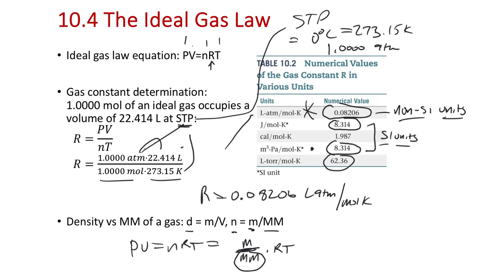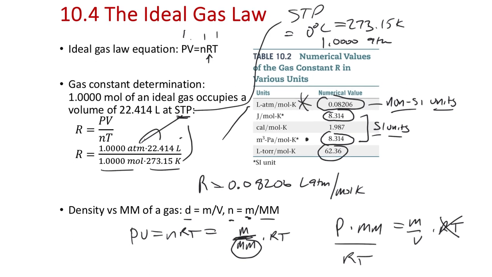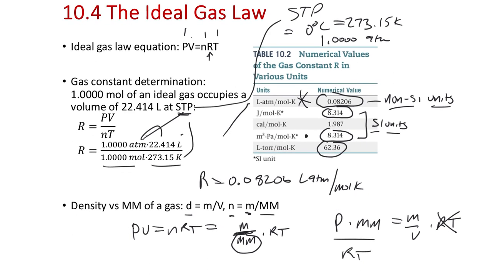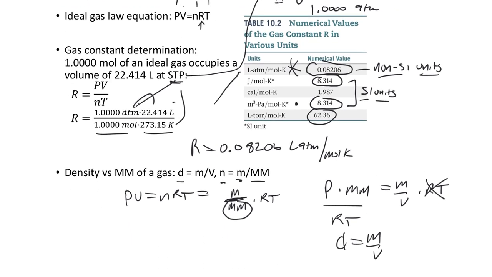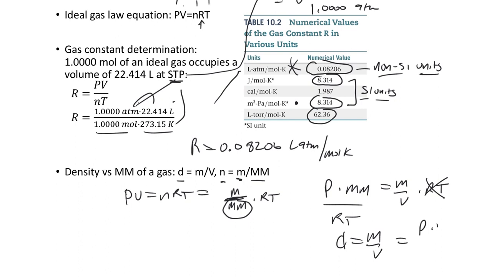If we do some rearranging, we can have pressure times molar mass equal to M over V times RT. I've just divided both sides by volume and then multiplied both sides by molar mass. And then I can divide by RT and end up with my density as M over V, and that's equal to pressure times molar mass over RT.